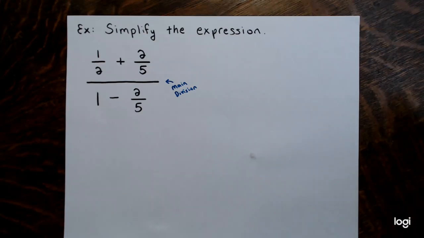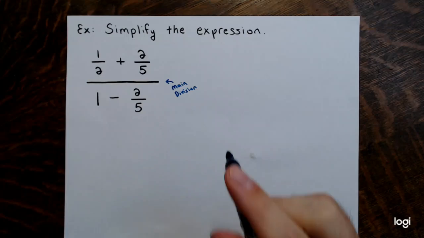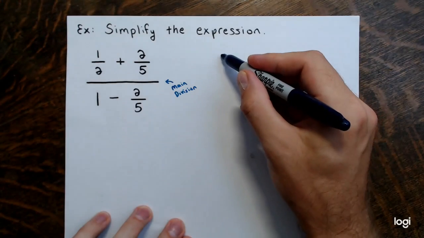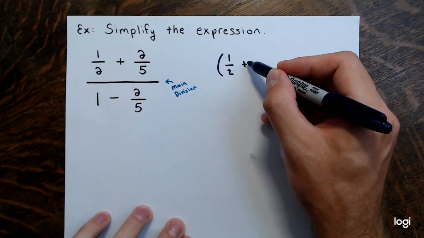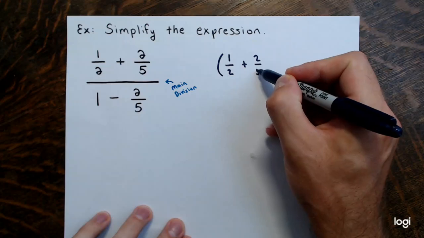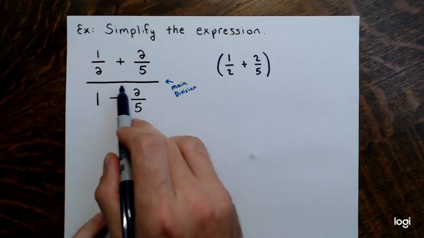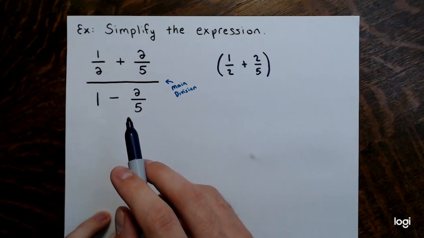So if I wanted to, I could write this expression here as this whole thing in the numerator, this 1/2 plus 2/5, put that in parentheses, and then anytime you see a fraction bar, I could put a division sign, that means division.